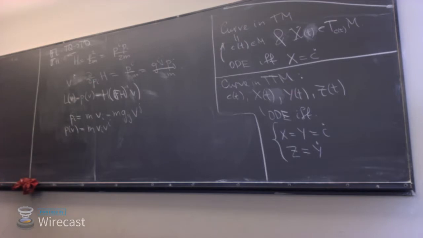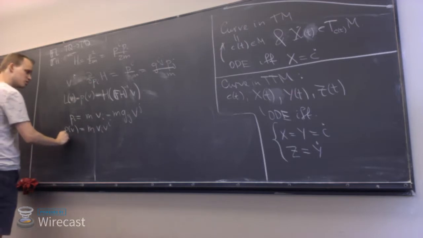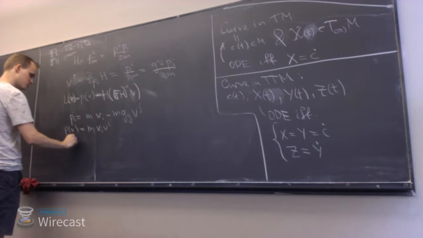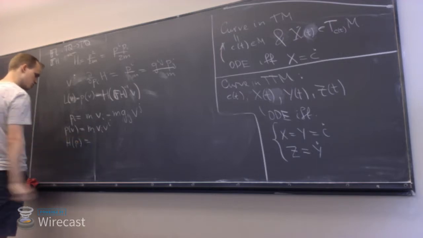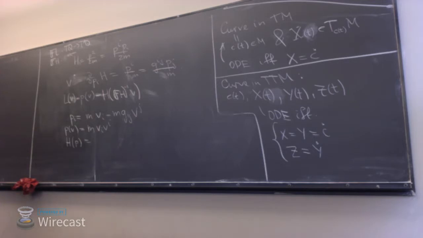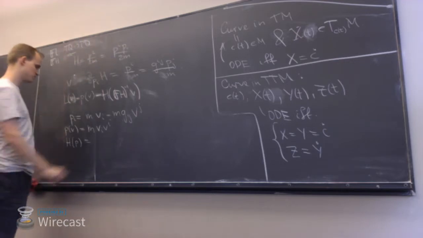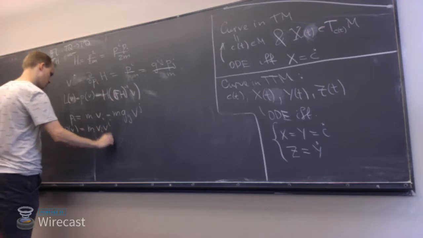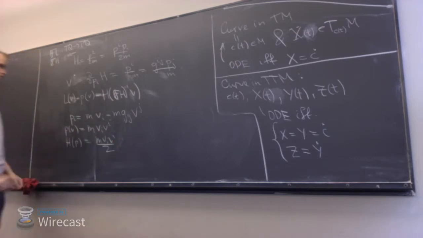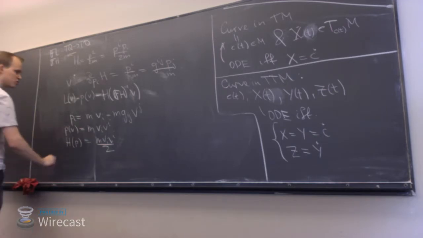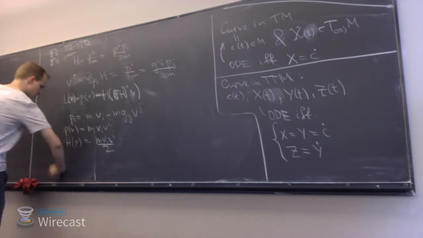And then H of P equals M V squared, so subtract the two.